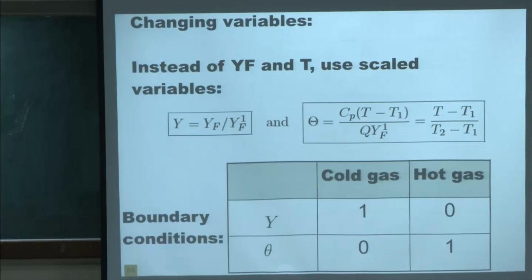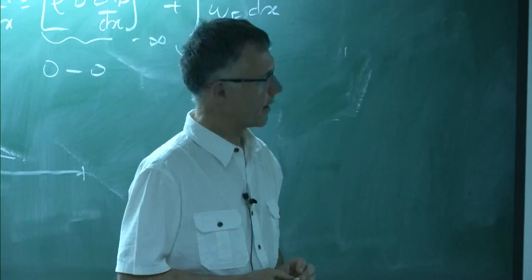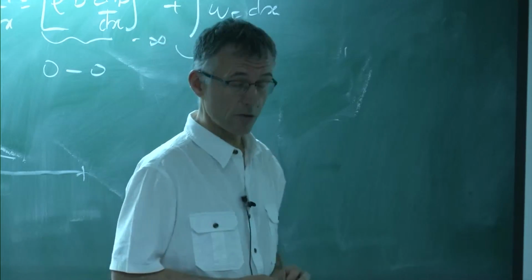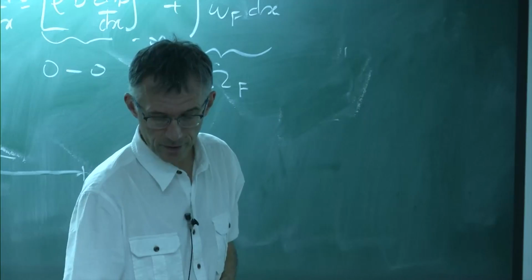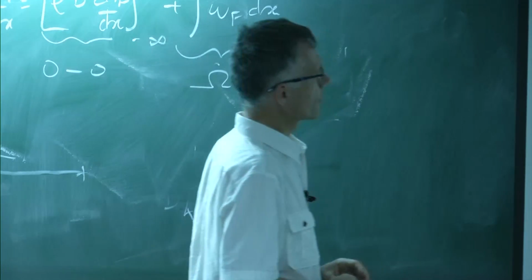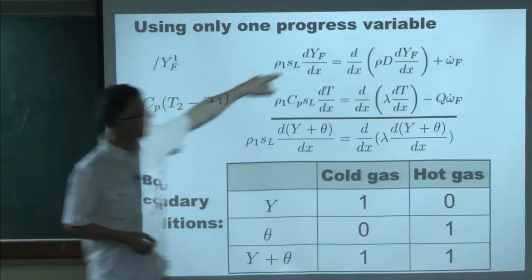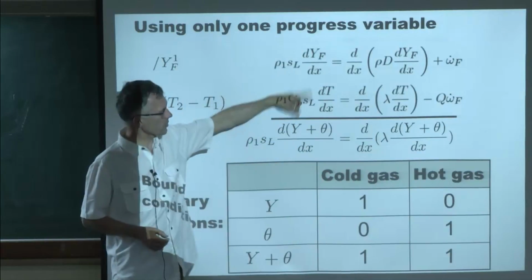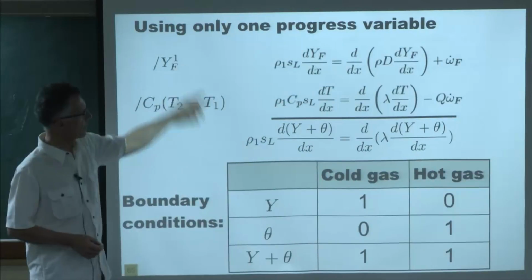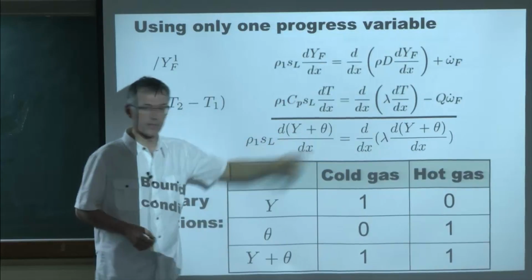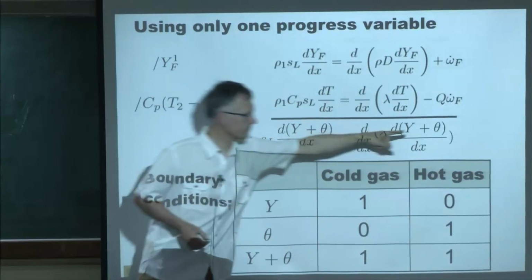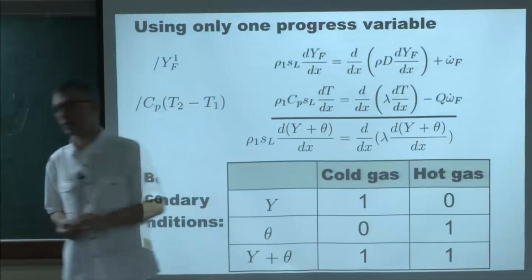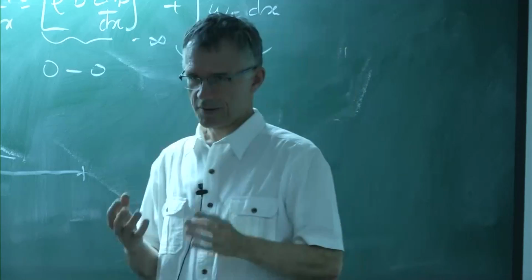Now, it's still a lot of equations to solve, even if you do the change of variable. So what we do is create the equation for y and for theta, and we add them. We see that when you add these two equations, after scaling them, you end up with an equation for y plus theta, which has no source term on the right-hand side. That's a very specific equation.